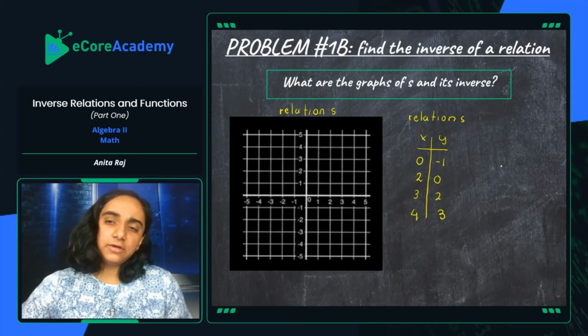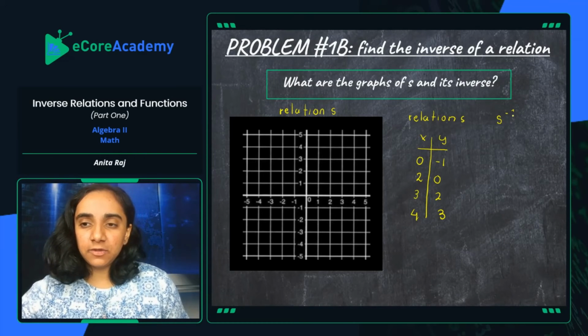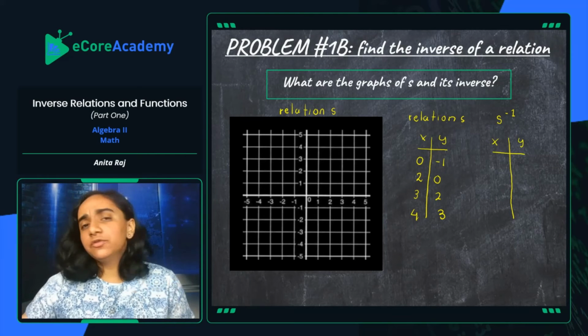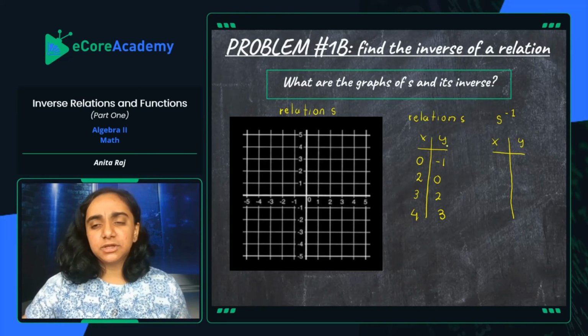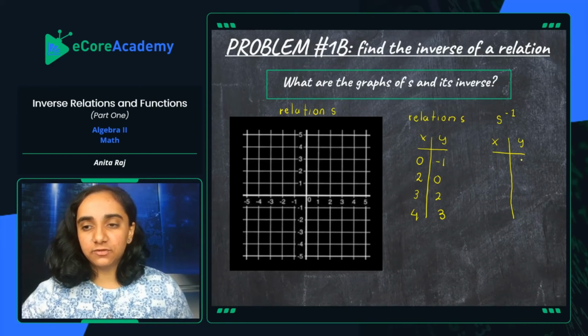And we already found the inverse of S, which is S inverse. We already found the XY table on the last slide, so I'm going to copy what we had onto this slide. And for S inverse, if you forgot, you simply swap the X and Y coordinates. Whatever's in our column for X values, we write in our column for Y values: 0, 2, 3, and 4.